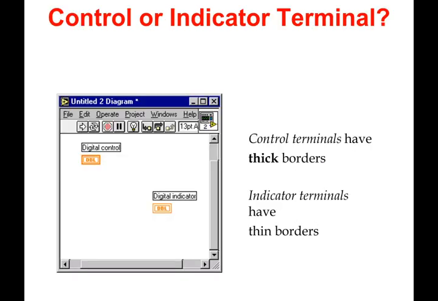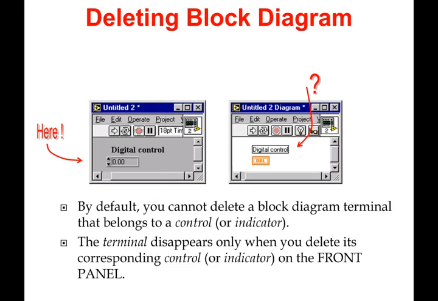Control terminals have thick borders, but indicator terminals have thin borders. So this is a control terminal, this is an indicator terminal. You can always delete them. If you delete the control terminal here in your workbench, if you will, it will be deleted in your front panel as well.